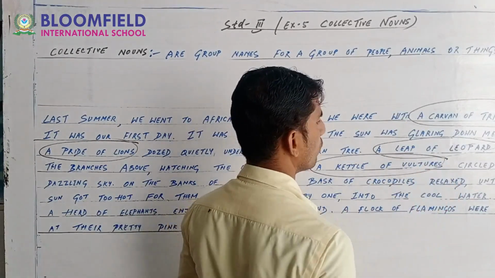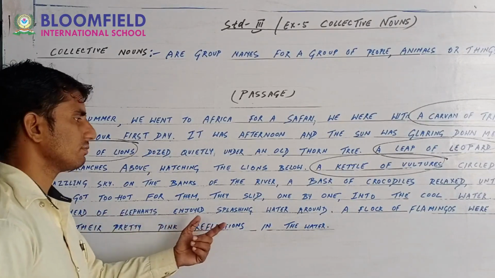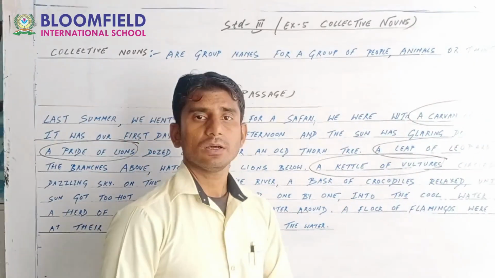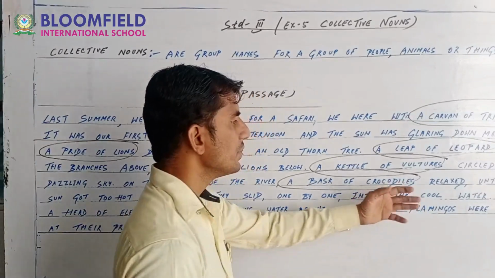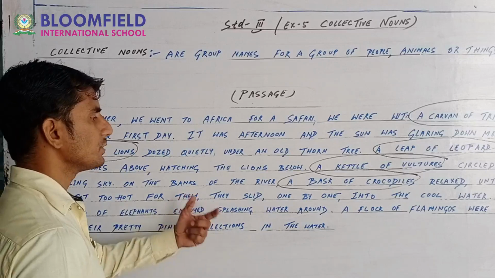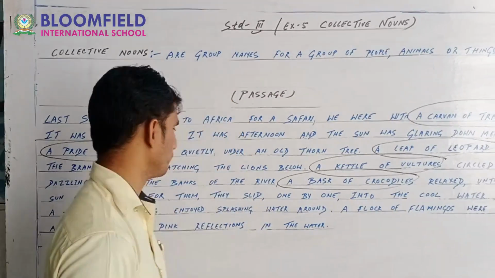A cattle of vultures circled in the dazzling sky. On the banks of the river, a basket of crocodiles. A group of crocodiles is called a basket of crocodiles. Crocodiles relaxed until the sun got too hot for them. They slid one by one into the cool water downstream.